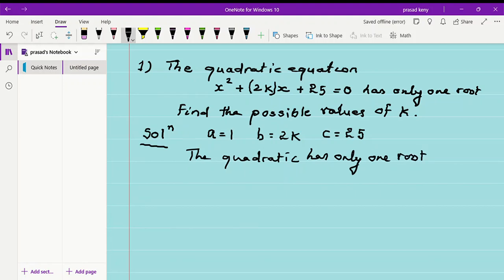and that will mean the discriminant b square minus 4ac should be equal to 0.